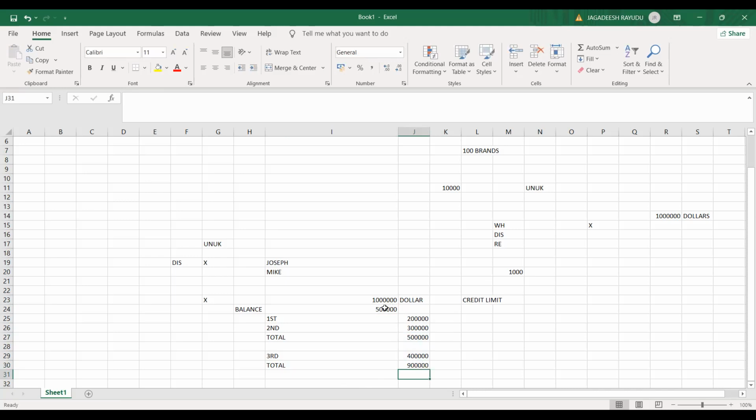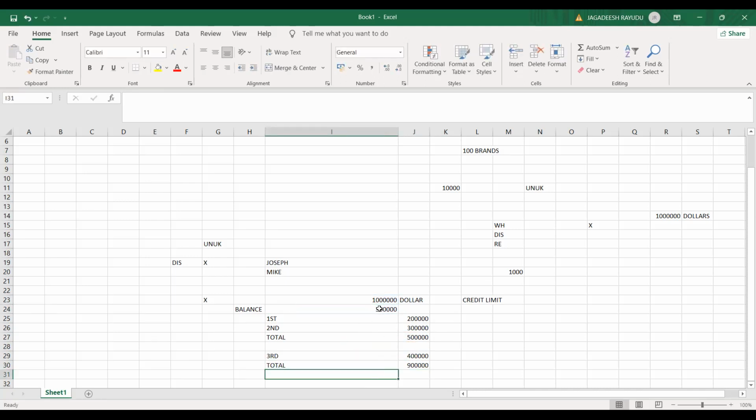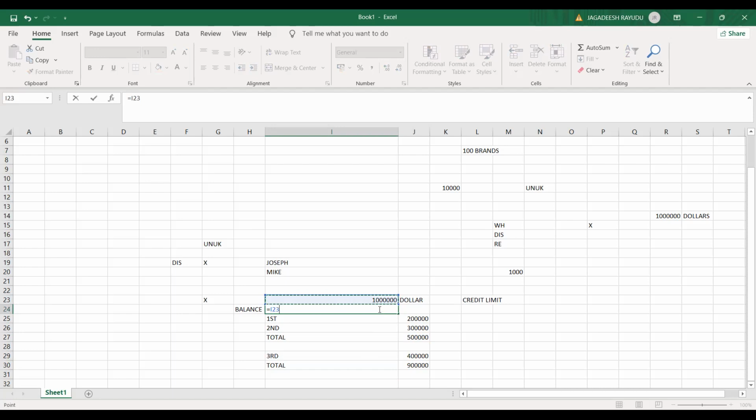What could be my balance? 10 lakhs minus 9 lakhs. So my balance would be 10 lakhs minus 9 lakhs.